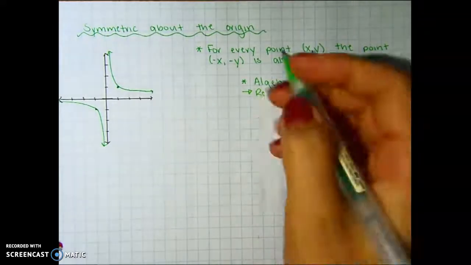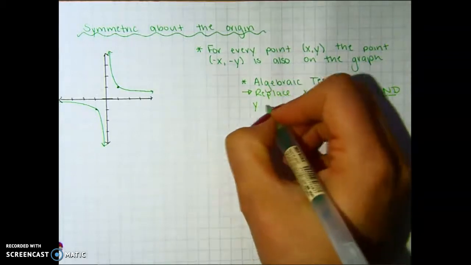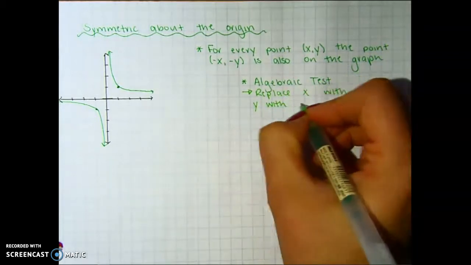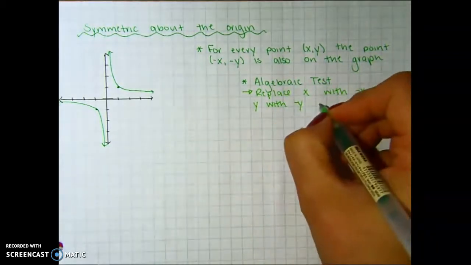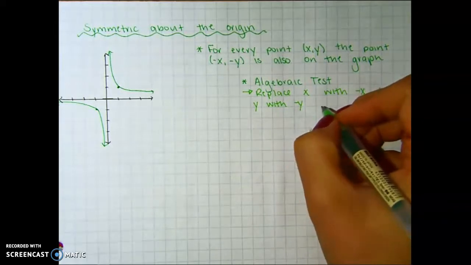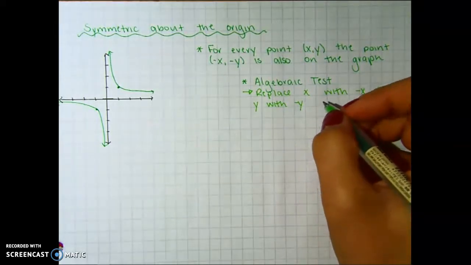So you're going to replace x with negative x and y with negative y, and simplify.